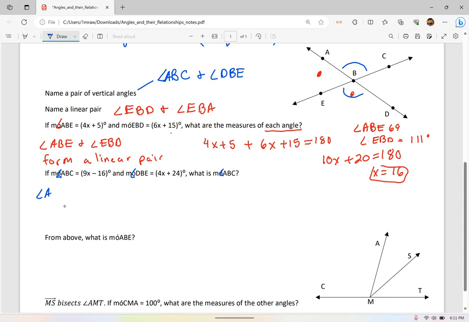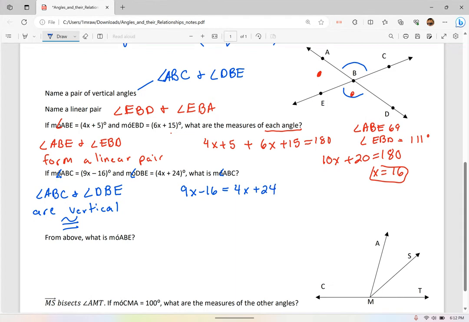Angle ABC and angle DBE are vertical angles, and that's important because that means they're congruent, they're equal. So we can set up the equation 9x minus 16 equals 4x plus 24.